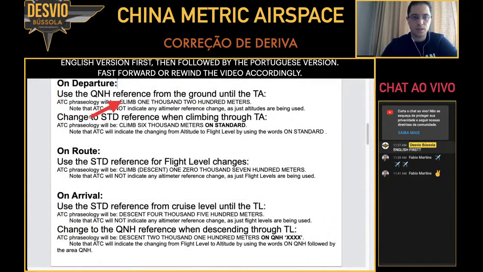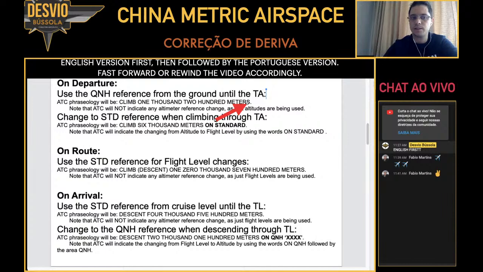Now I will go back to this document, and I want you to note that the ATC will not indicate any altimeter reference change, as just altitudes are being used. So ATC knows you have the QNH reference on the ground, and until you are flying up to the transition altitude, he will issue the climb or any altitude to climb or to descend, and after the altitude he will not say anything.